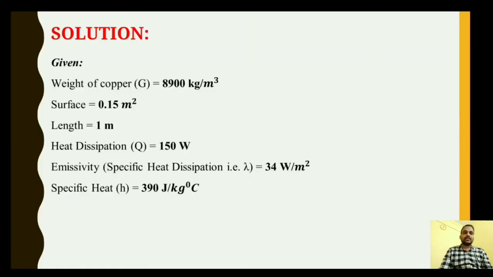As mentioned, the given quantities are: weight of copper G equals 8900 kg per meter cube, surface S equals 0.15 meter square, length equals 1 meter, heat dissipation Q equals 150 watt, emissivity, that is specific heat dissipation, lambda equals 34 watt per meter square, and specific heat H equals 390 joules per kg degree Celsius.